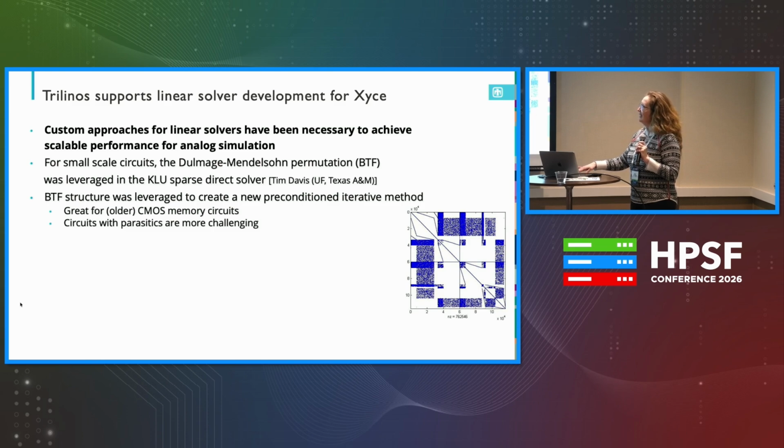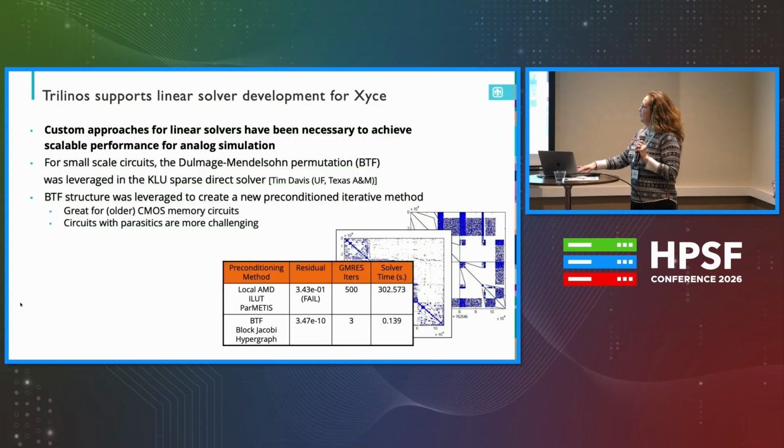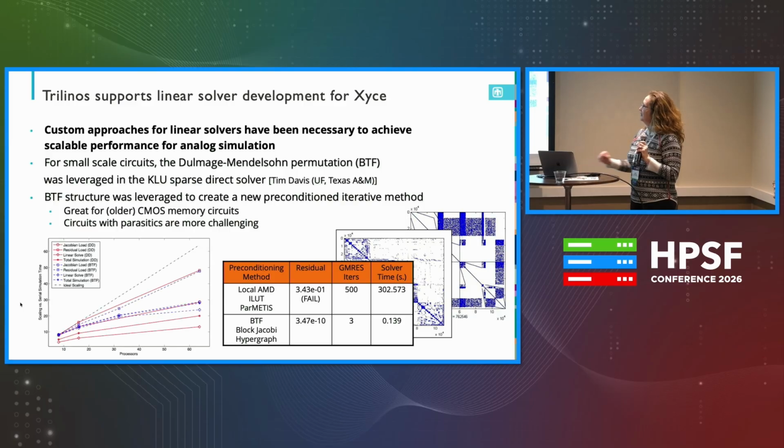These are older designs, so they had less of an irreducible block than what Jonathan showed. So you could actually get them to partition into, say, 4 blocks like that. That's much more friendly. And so those solvers actually allowed us to do some memory circuits for CMOS. We developed this as a custom approach through Trilinos.